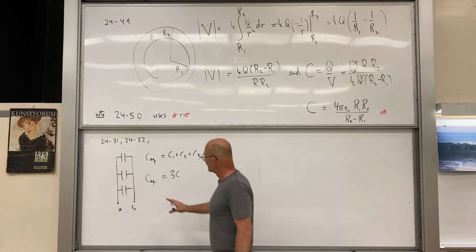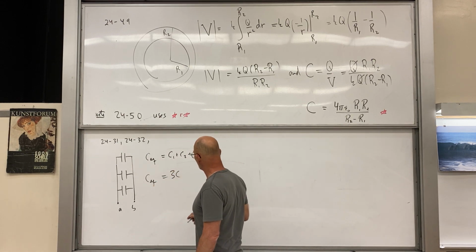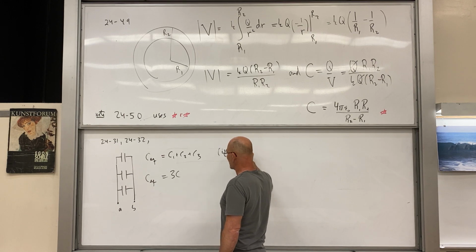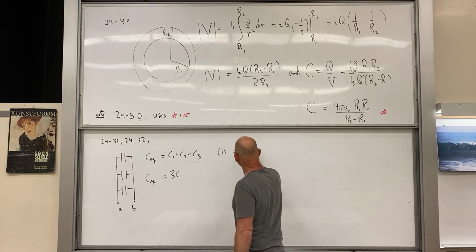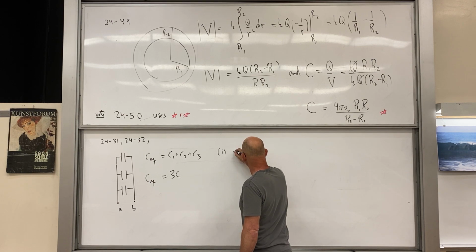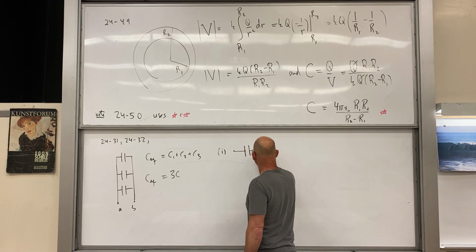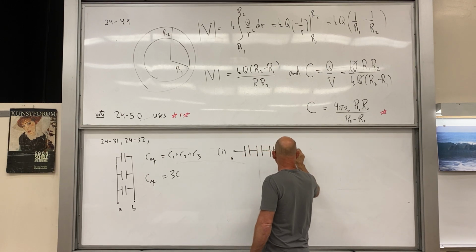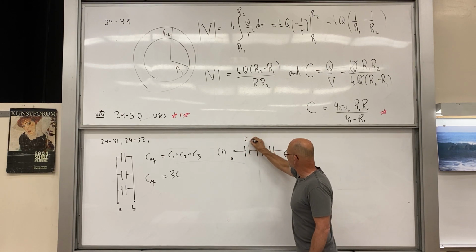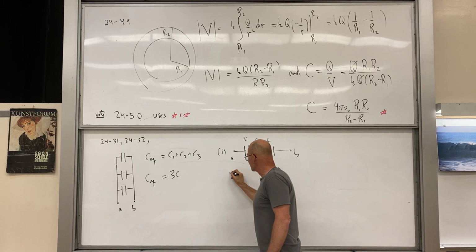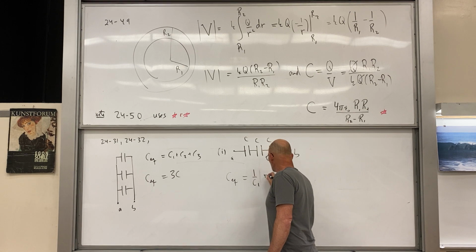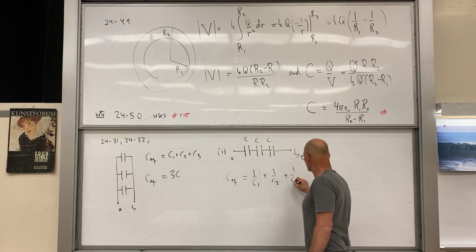But then we had different ways of wiring this, and another way would be to do them all in series. We've got 3 capacitors in series, and now we have 1 over C equivalent is 1 over C1 plus 1 over C2 plus 1 over C3.